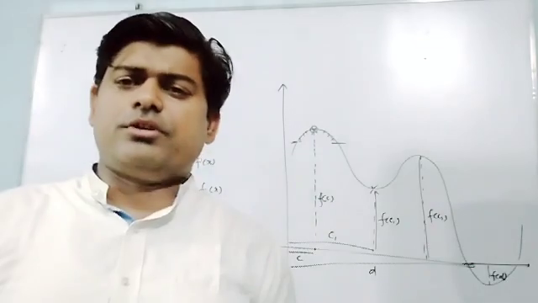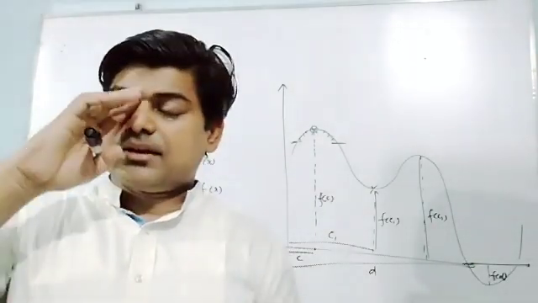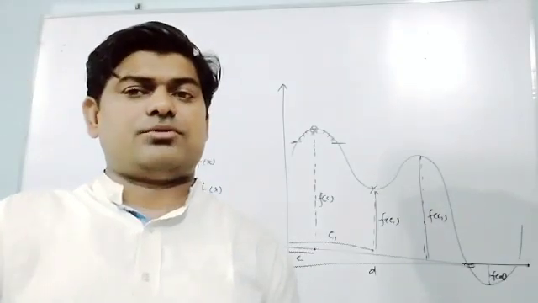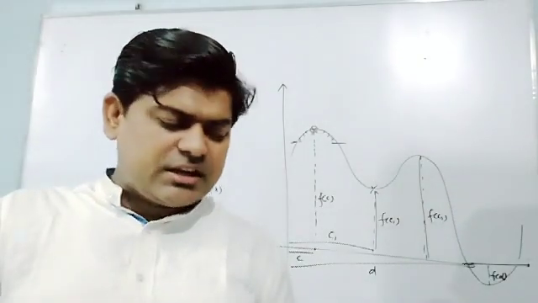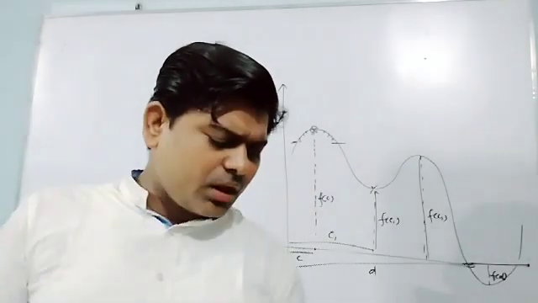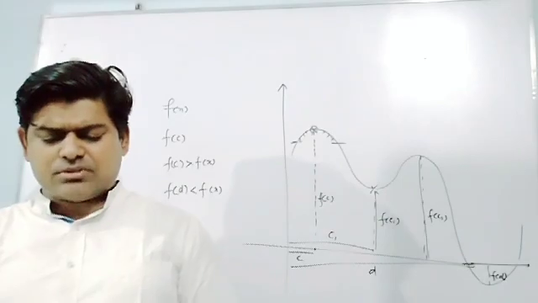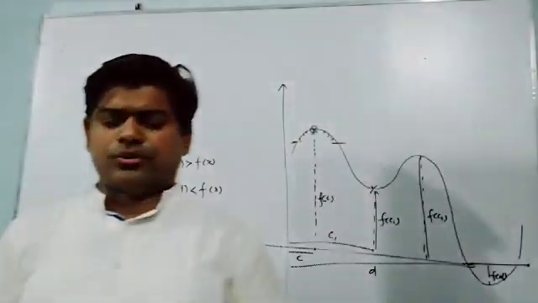For all other values of x, if f(c) is more than f(x), I can say f(c) is the maximum one. f(d) is less than this, so I can say it is the minimum one. But one more thing I want to tell you, and that is, I think, an important point for you people.